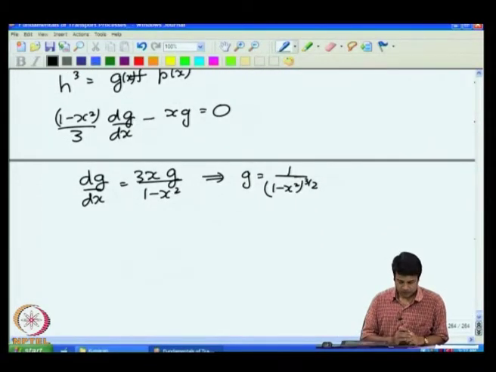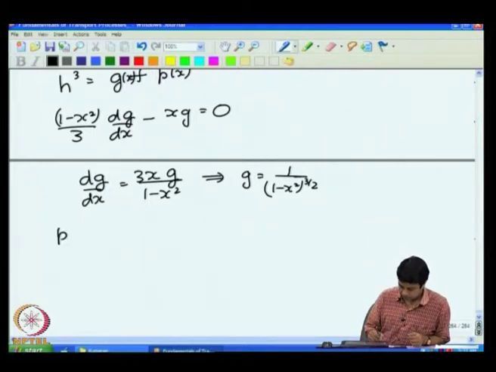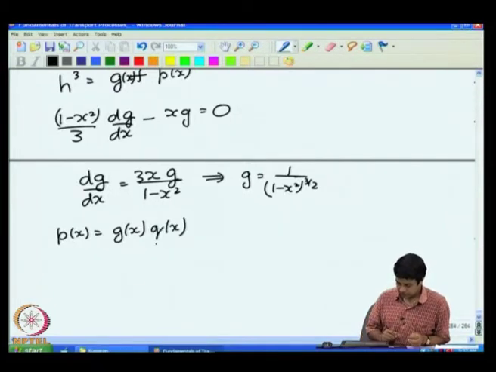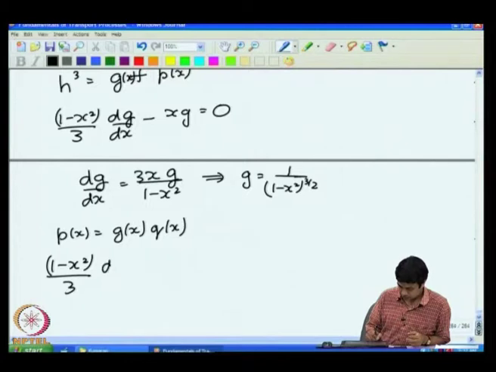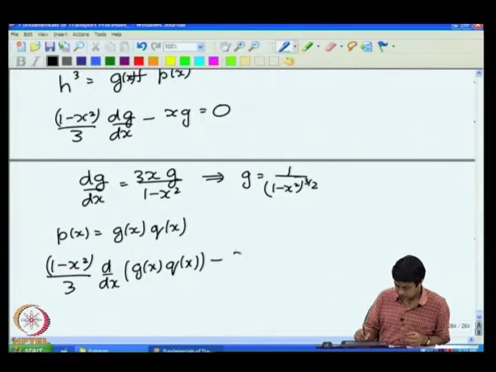I can write the particular integral p of x is equal to g of x times some other function q of x, and this satisfies 1 minus x square by 3 d by dx of g of x q of x minus x is equal to 2.